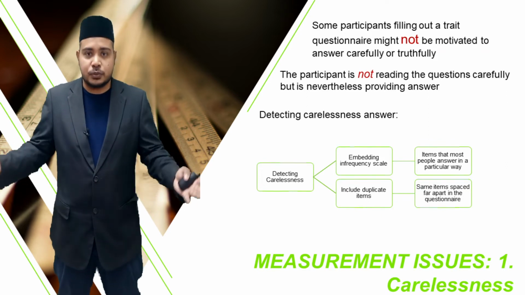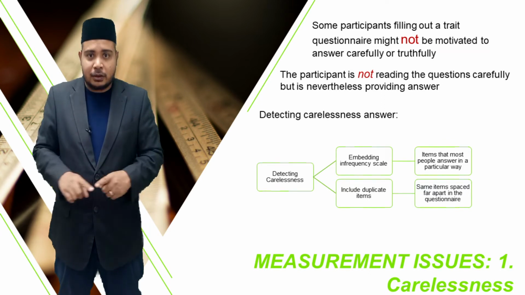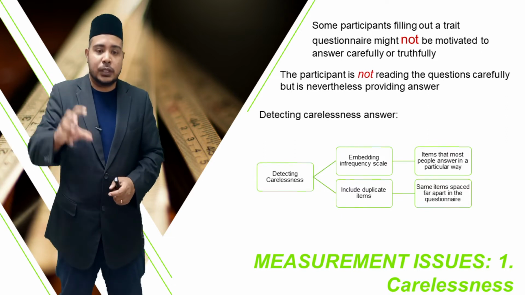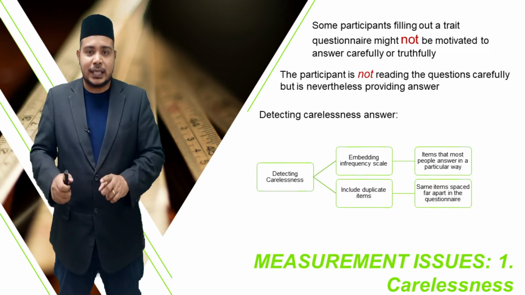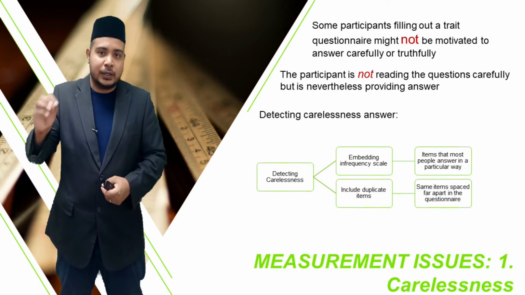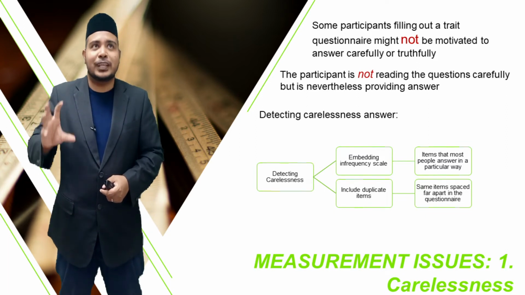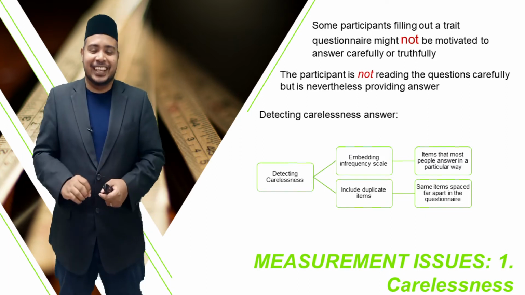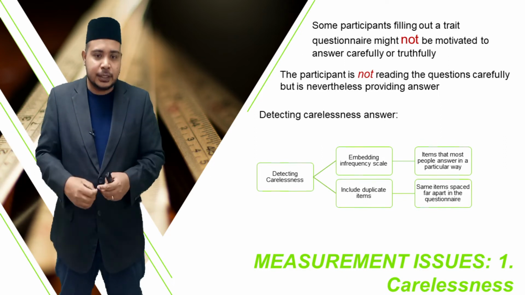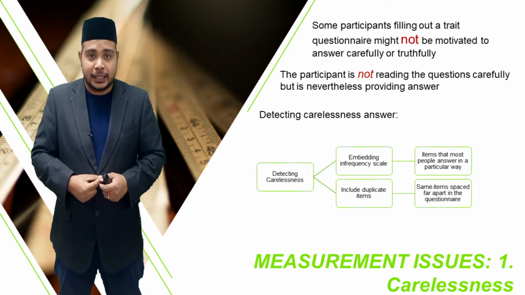Besides this test of agreeableness, you also include another test which we call an infrequency scale. So what is this infrequency scale all about? An infrequency scale contains questions or items that most people answer in a particular way.